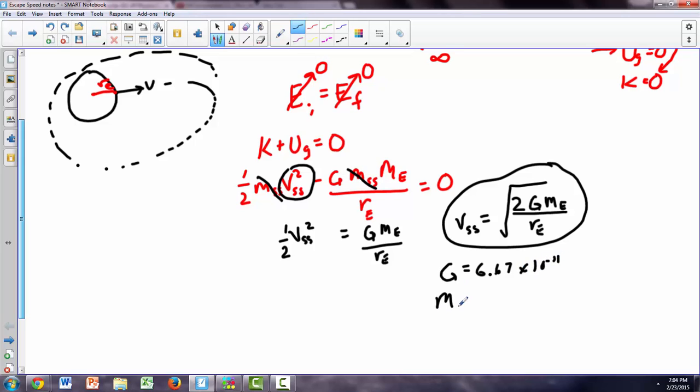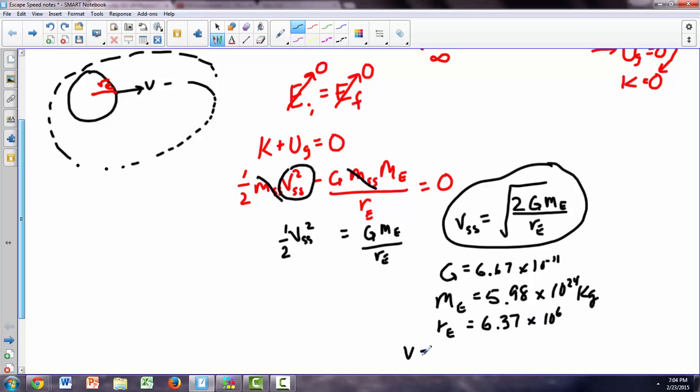Mass of the Earth again is 5.98 times 10 to the 24th kilograms. And the radius of the Earth, so surface to center, is about 6.37 times 10 to the 6th meters.